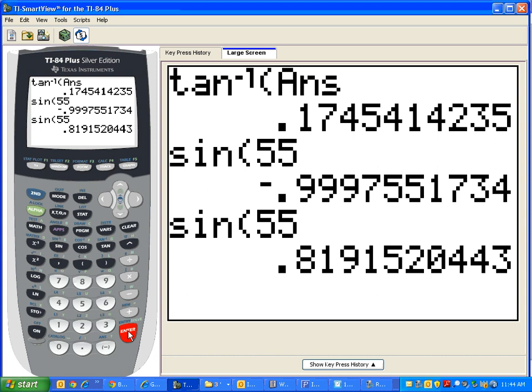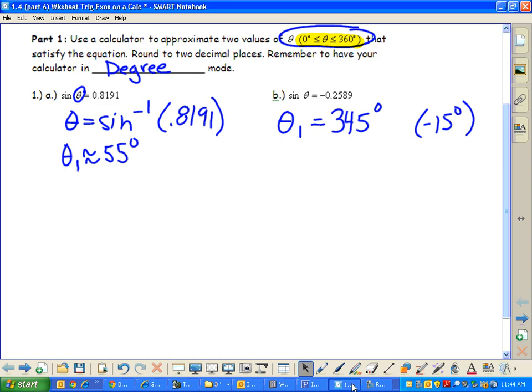So we get 0.8191 as a sort of verification that what was on the paper isn't baloney. Now, honest to goodness, what I'm trying to show you today is that I could type in the sine of another angle here, and I would get 0.8191 back out. I need to figure out what the second value of theta is that will give me 0.8191 back out. So there's another angle I could plug in here and get that same answer. So here's how you do it.